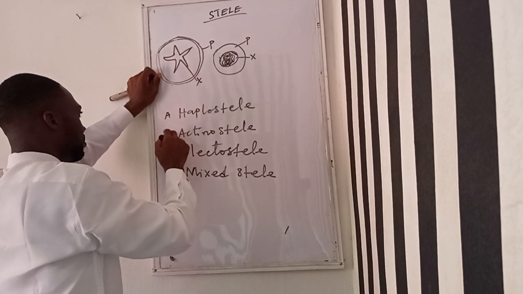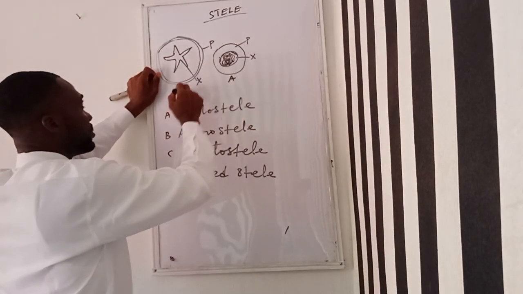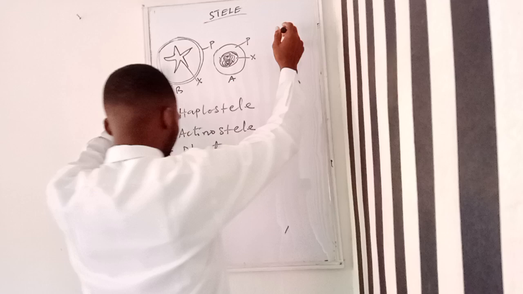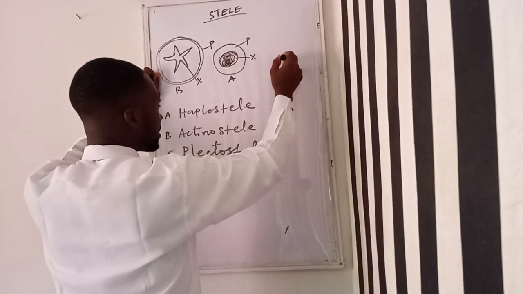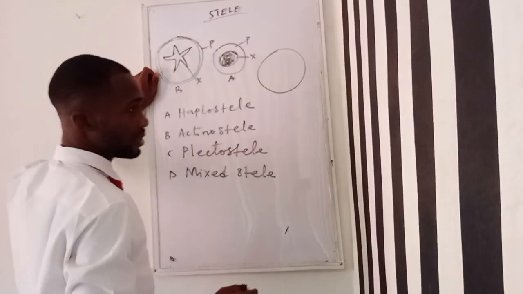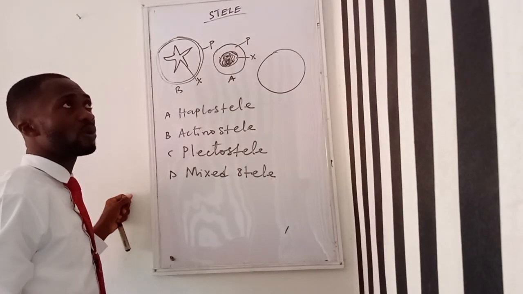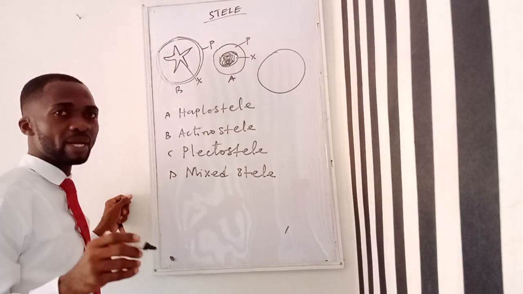So this is A, this is B. Then for C, in this case, you discover that both the xylem and the phloem form what are called parallel bands.